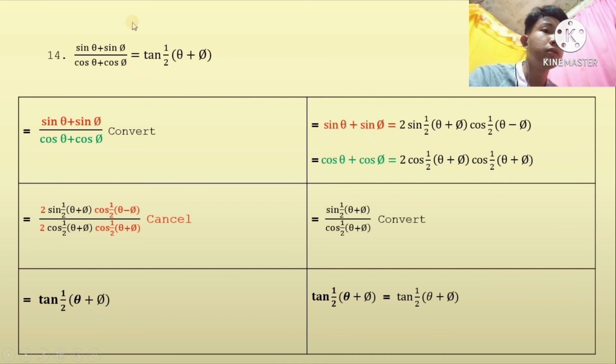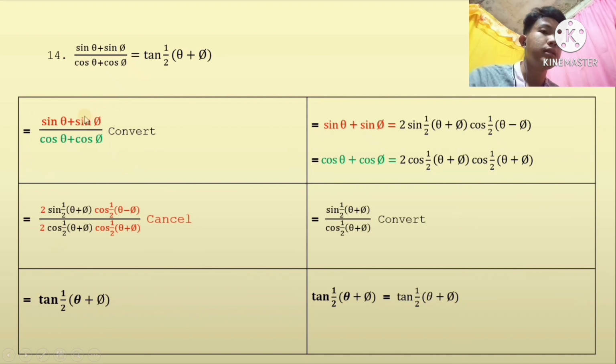So problem number 14. Let's prove that sine theta plus sine phi over cosine theta plus cosine phi is equal to tangent 1/2 of theta plus phi. Let's use the left hand side, which is sine theta plus sine phi over cosine theta plus cosine phi.